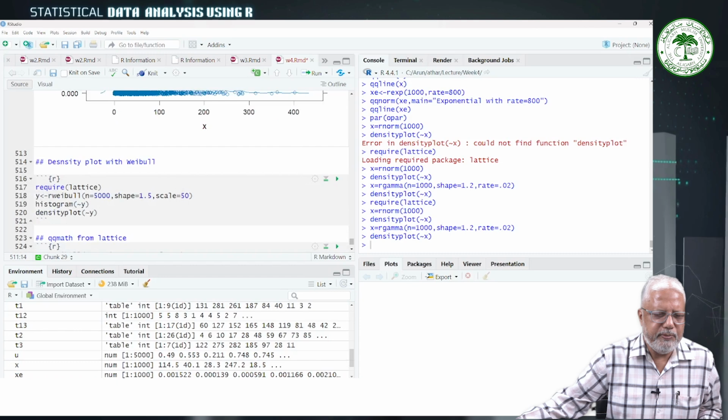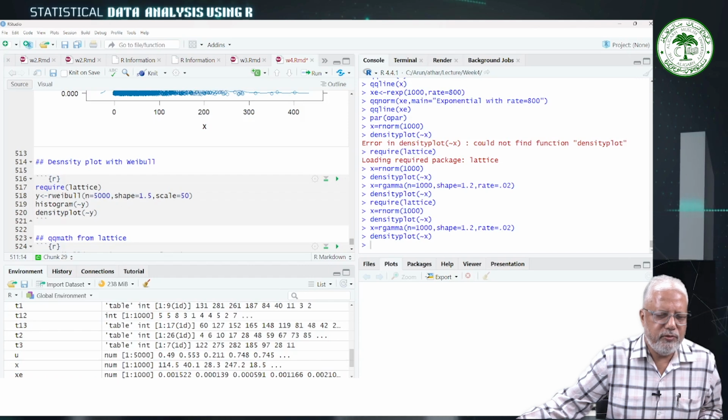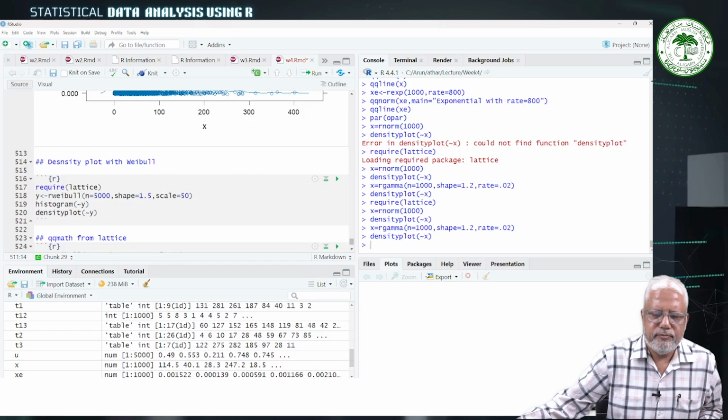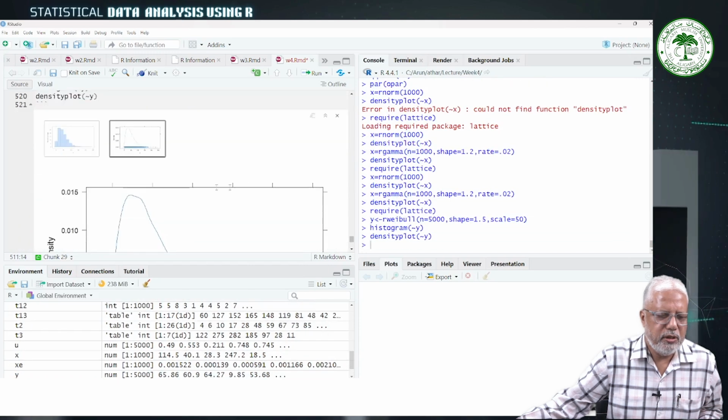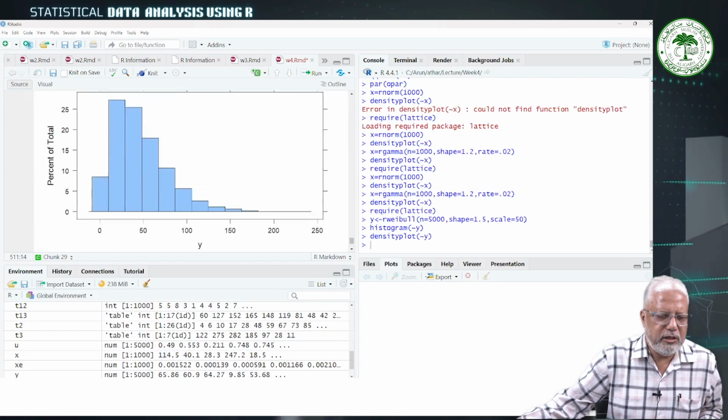Density plot from Weibull. See, we are simulating 5,000 observations with shape equal to 1.5 and scale equal to 50. Then we make a histogram, and then we make a density plot also. This is the histogram on the basis of simulated data.